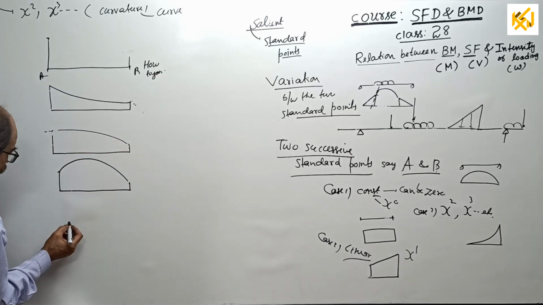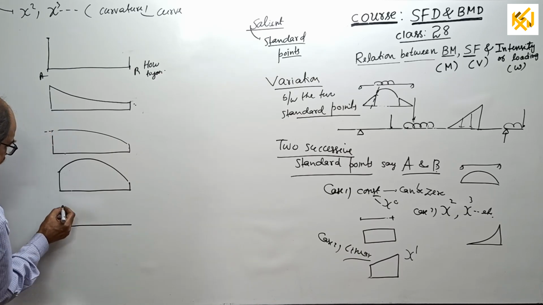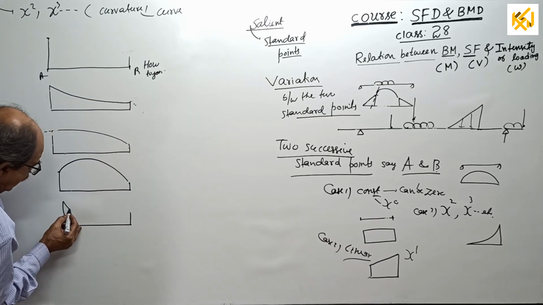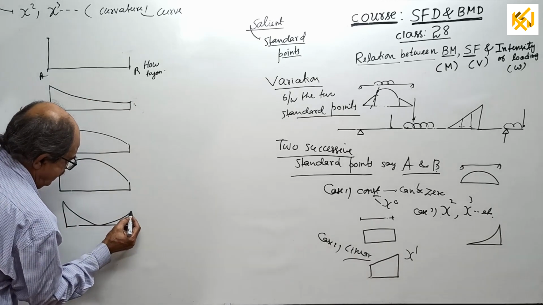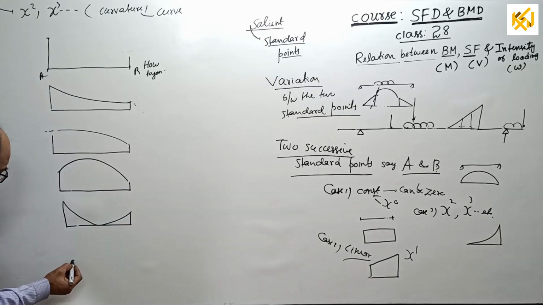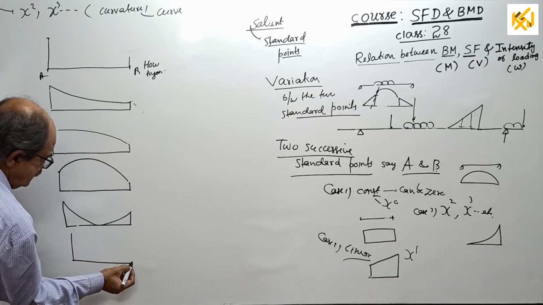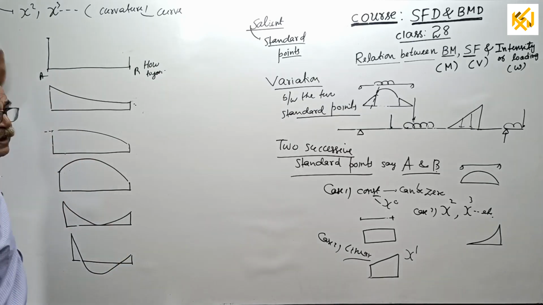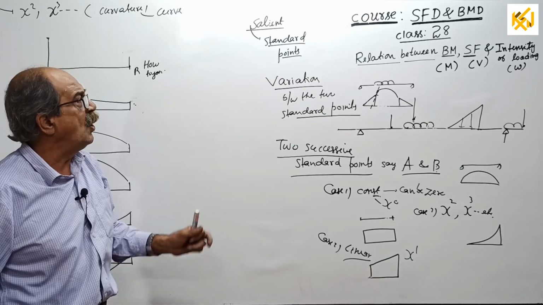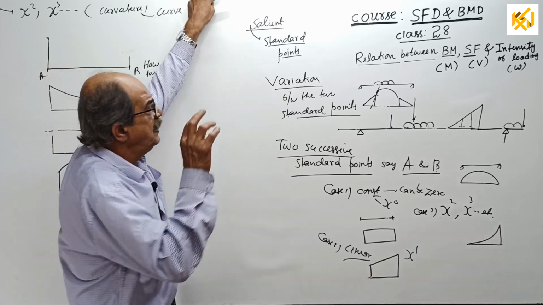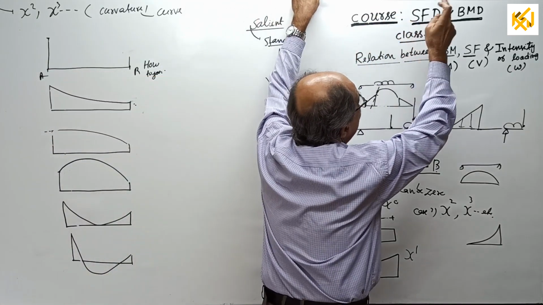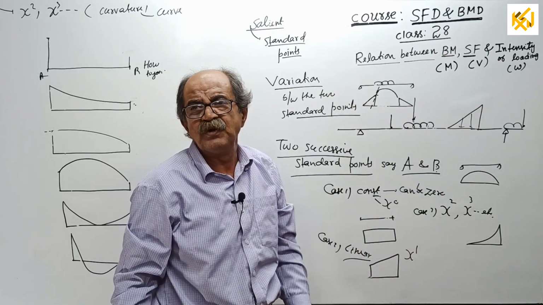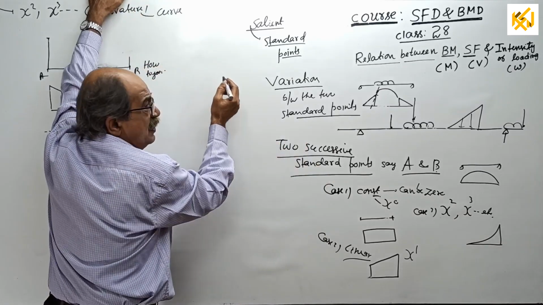Or one more chance: this curve may come here, touch the line and go this way. Again, one more chance: it may come and cross the baseline, and cross the baseline again and go here. How do you decide? All these decisions are made using the relation between BM, SF and intensity of load. Therefore, it is very, very powerful.